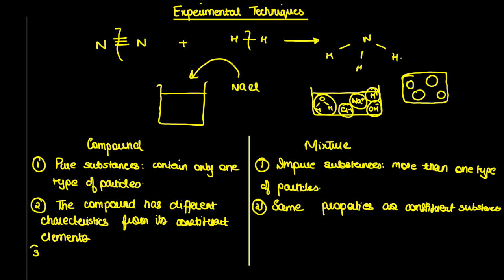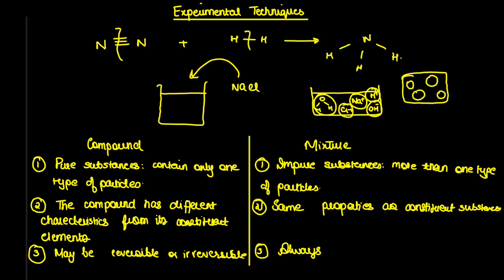All right, the third property, the formation of a compound may be reversible or irreversible. But the formation of a mixture is always reversible.